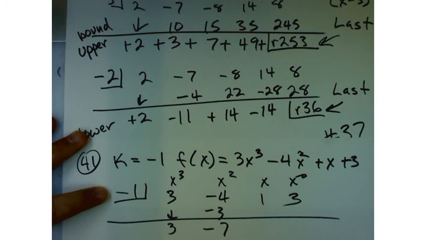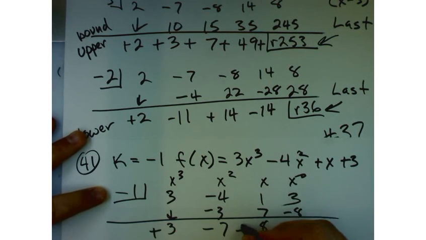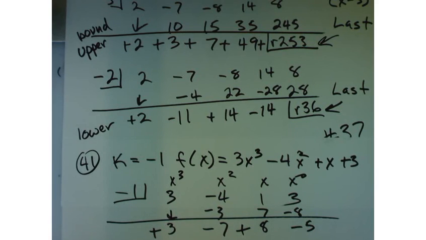Does that look good so far? That becomes a positive 7, then we have -8, -5. So I have alternating signs, so this is the lower bound. Does that make sense? Do you guys understand what we're doing there?